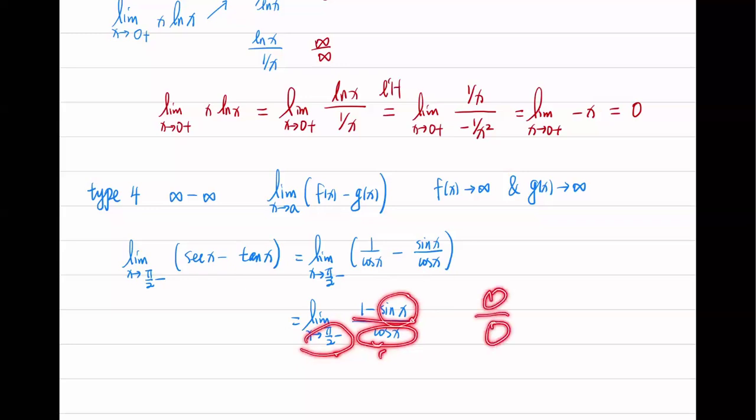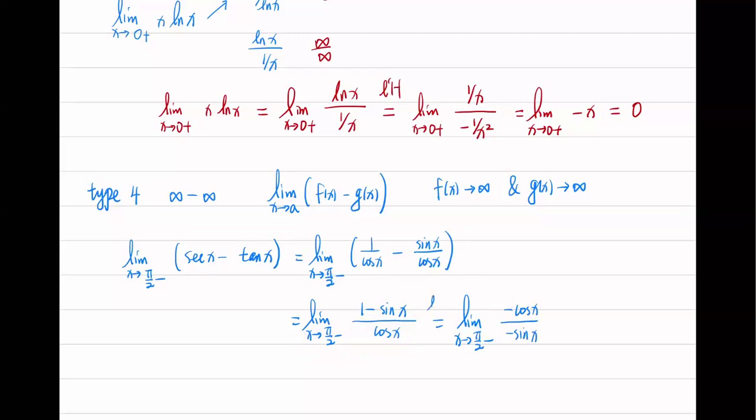We can apply the L'Hopital. Yes, Sophia. Okay, so this is the limit. Negative sign, so negative cosine, cosine negative sine.